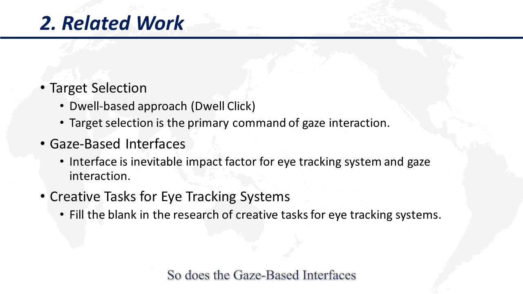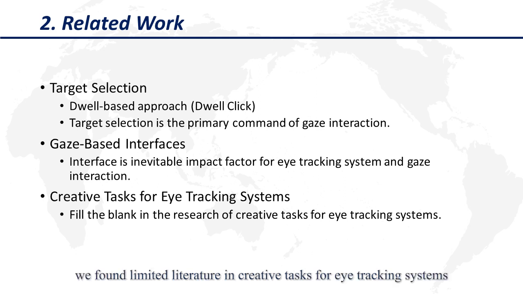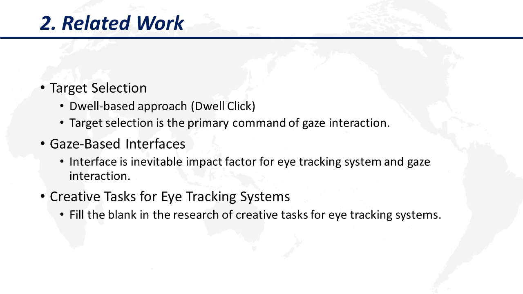So are gaze-based interfaces, which also have the majority of literature on this topic. In terms of eye tracking applications, we found limited literature on creative tasks for eye tracking systems. Thus, the accessibility of computer graphics was a particular point of investigation.